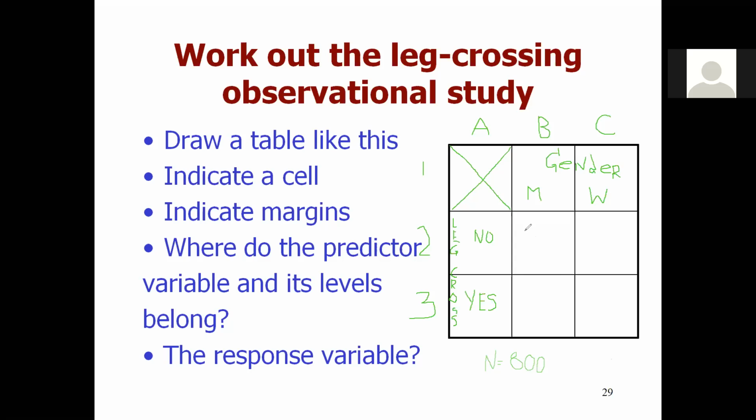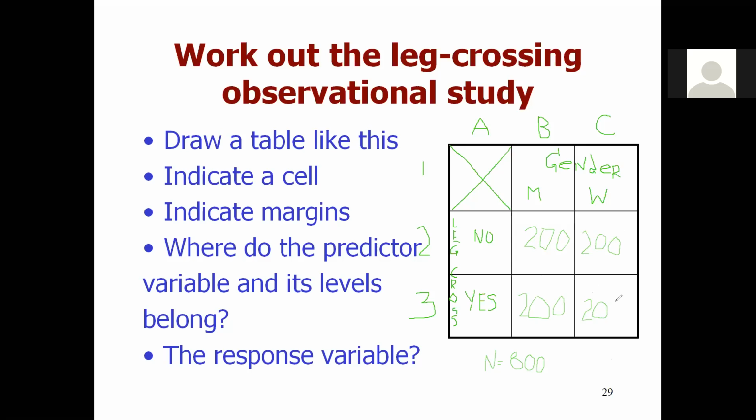Does everybody see why? So we will have 200 in every single cell, right? Oh, what a beautiful zero. But it doesn't matter, because we are going to come back to the question of margins.